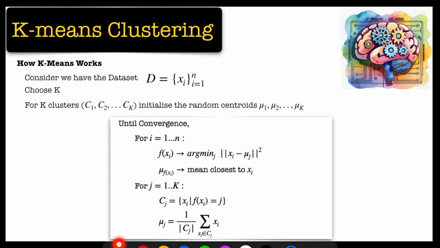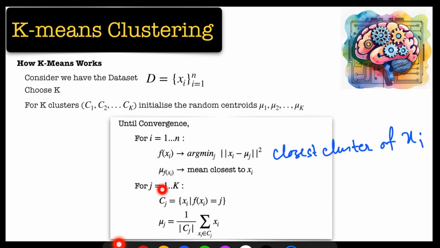So here basically we are calculating the Euclidean distance of xi and all the cluster centroids, and then we are taking argmin over j. That means this is the closest cluster of xi. What is mu of f of xi? It's the mean closest to xi. Right, we are getting the nearest cluster centroid or mean.